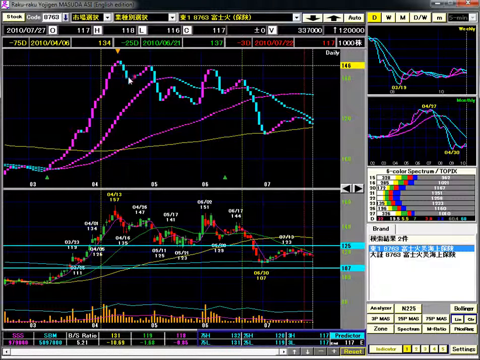So the next question is, well, how could the buy-sell navigator have predicted that this was a good point to issue a sell signal with reasonable confidence? Many of the Masuda Ashi features come into play here, and there are several that we'll go into in more detail in later lessons.